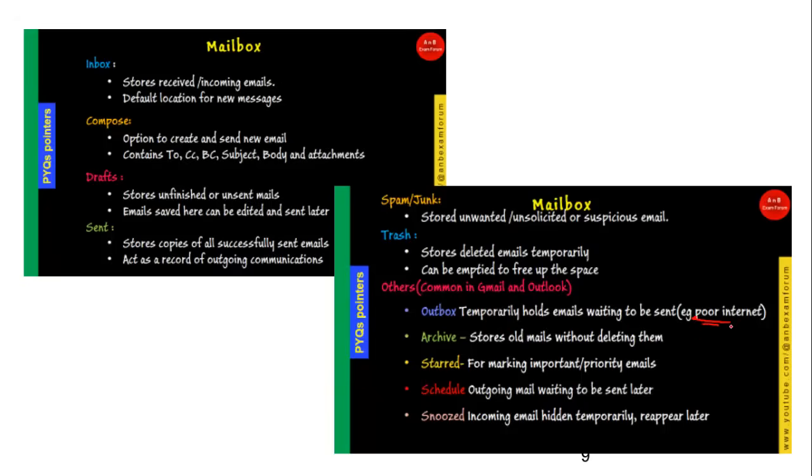Suppose you are sending some email, but because your internet was poor, it will be held in that outbox. This is more specific to Gmail and Outlook. Not every email mailbox will have these features. Sometimes you will get a question on spam, junk or trash. All those terminologies we have discussed in that chapter.